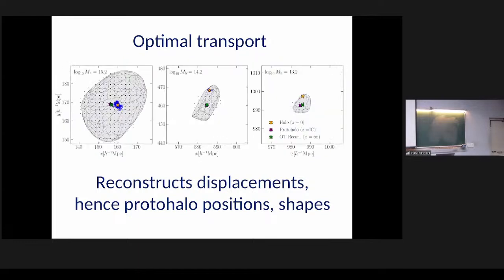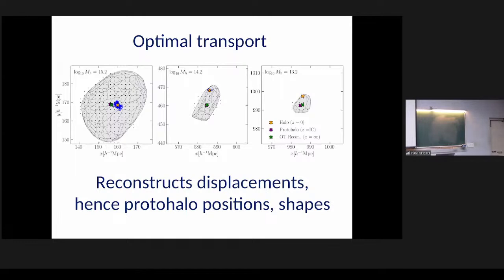It works surprisingly well. Here, there were all the particles in the simulation. We're looking at one particular quite massive halo, 10 to the 15 solar masses. This halo at redshift 0 are the blue points. In the initial conditions are the black points.